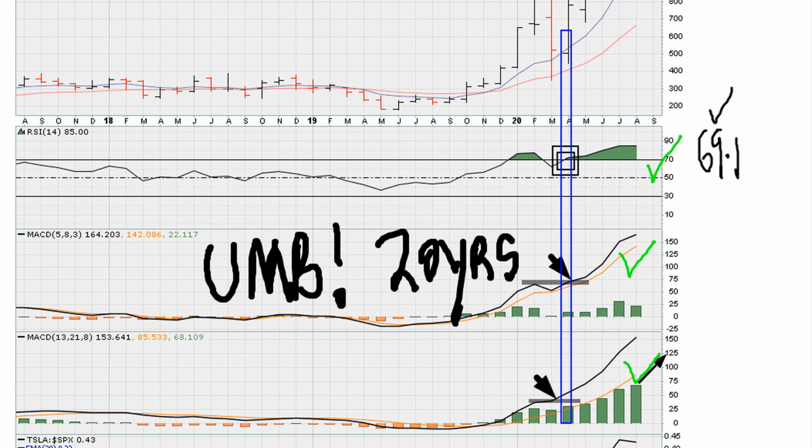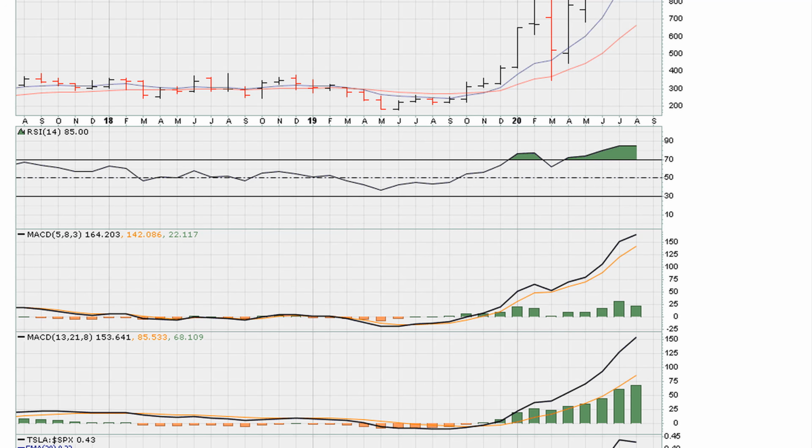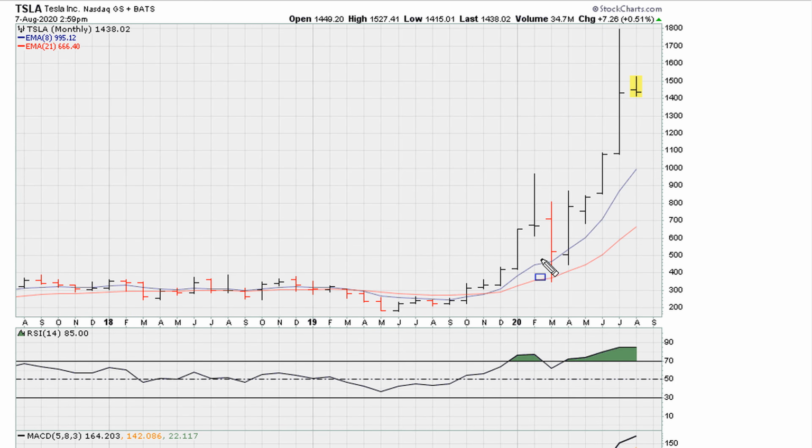All right, now that we've had all that discussed, so by the way, just a quick note here, yes, this was the most recent breakout from a monthly perspective before this massive explosive move to the upside that took the stock from, let's call it 680 to the highs just under 1800.